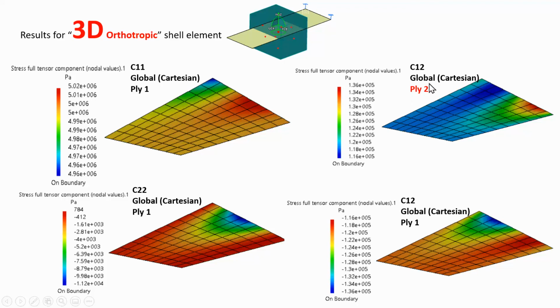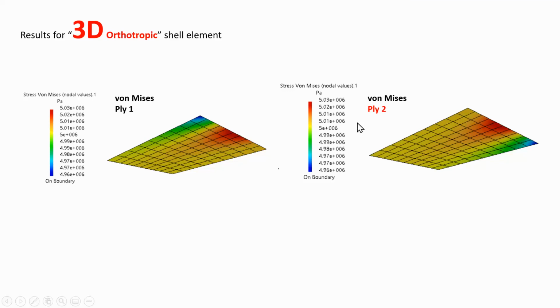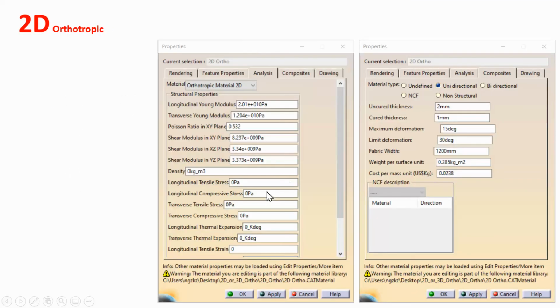Notice that these two are identical, except for the sign. You can see the flipped, okay? Now, I also did the von Mises stress for ply 1 and ply 2 in the middle section. They are identical.